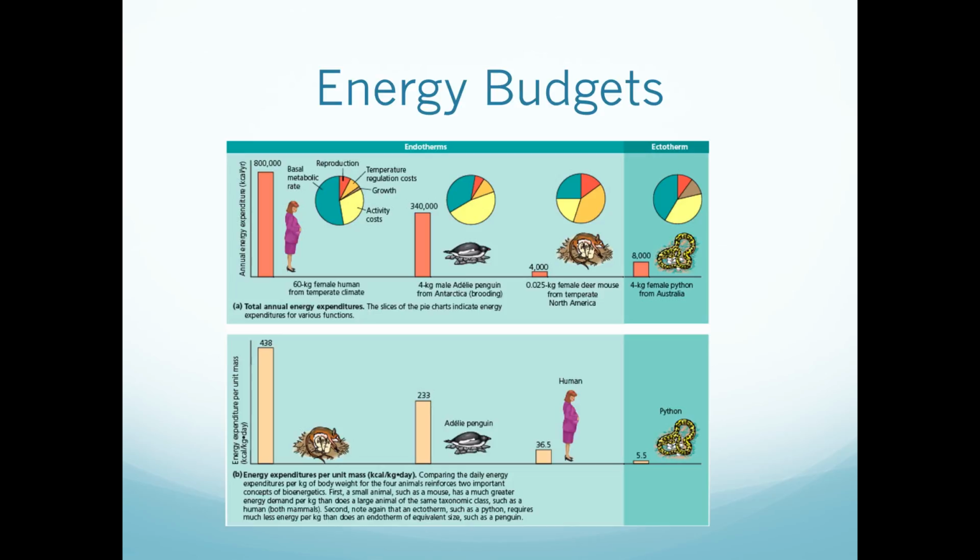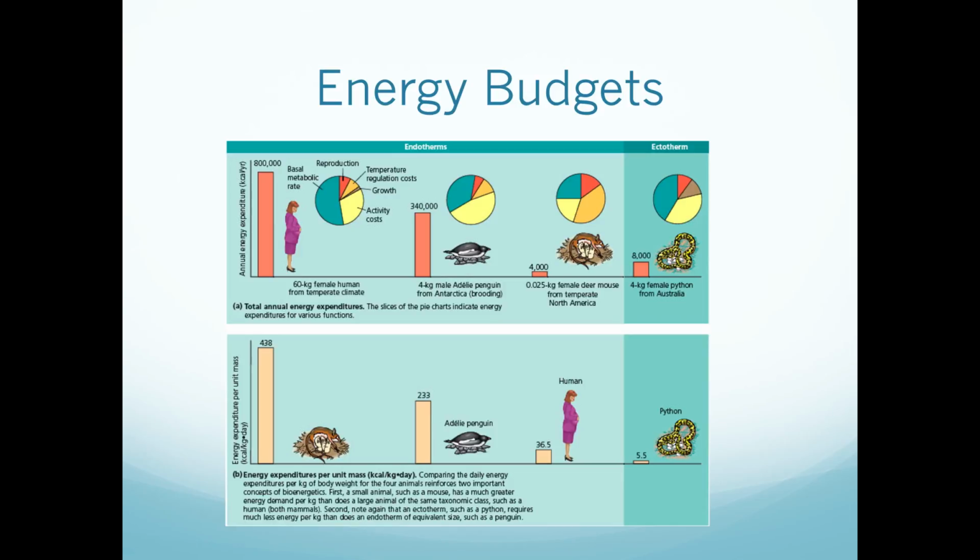If you look at the smaller deer mouse, it has a much lower annual energy expenditure, and this deer mouse is going to devote most of its energy into temperature regulation because it's so small.